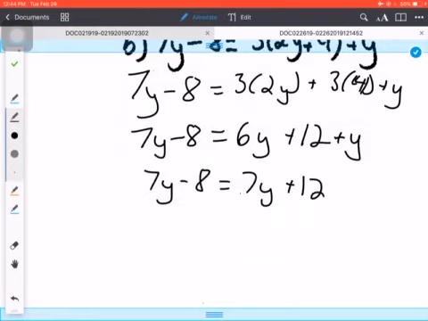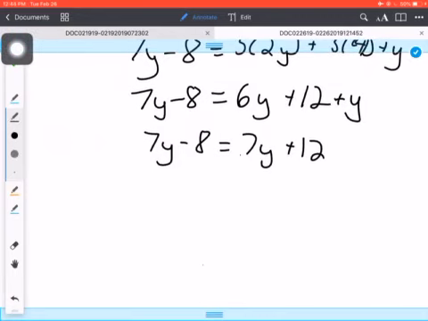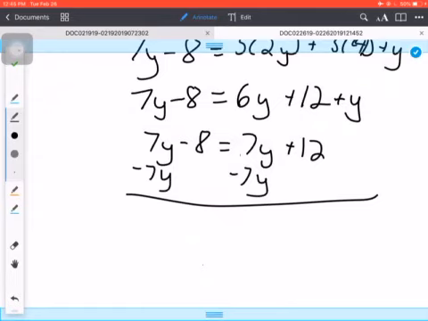And again, I'm not sure if you can see this yet or not, but both sides have a 7y, and this has a minus 8 and a plus 12. This was going to be a null set and no solutions. But if you don't see it yet, let's continue. So I'm going to take 7y and I subtract 7y from both sides. This creates a 0 pair, I'm left with just 12.